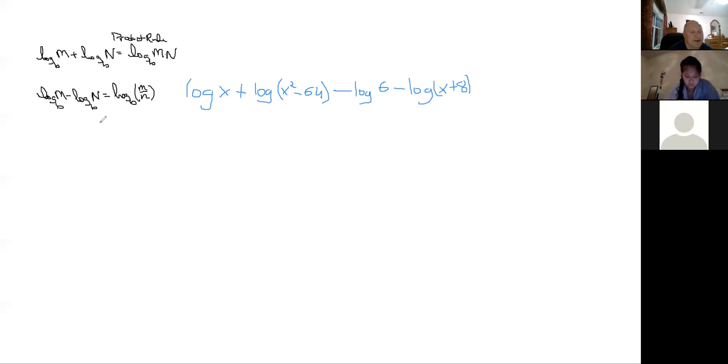So you could probably understand why they call this one the quotient rule. And what we have here is basically a product rule. That's the plus. And we got two minuses, so that's going to be a quotient. Let's take this one at a time.